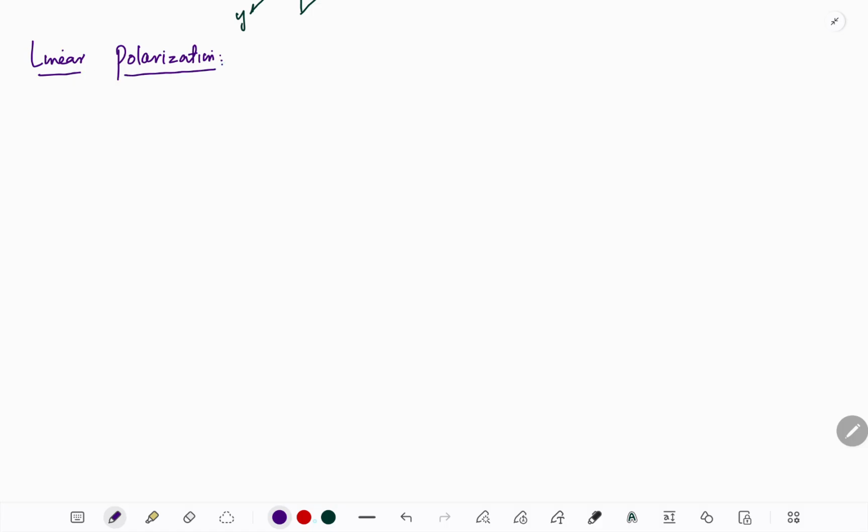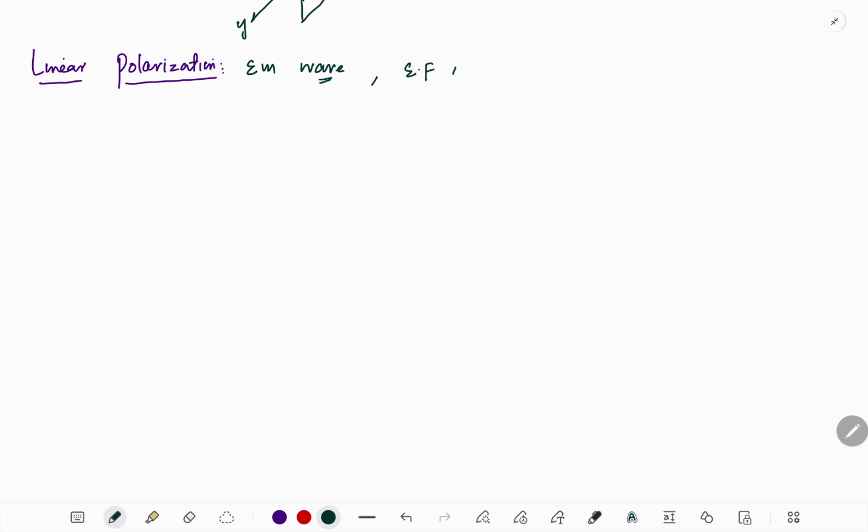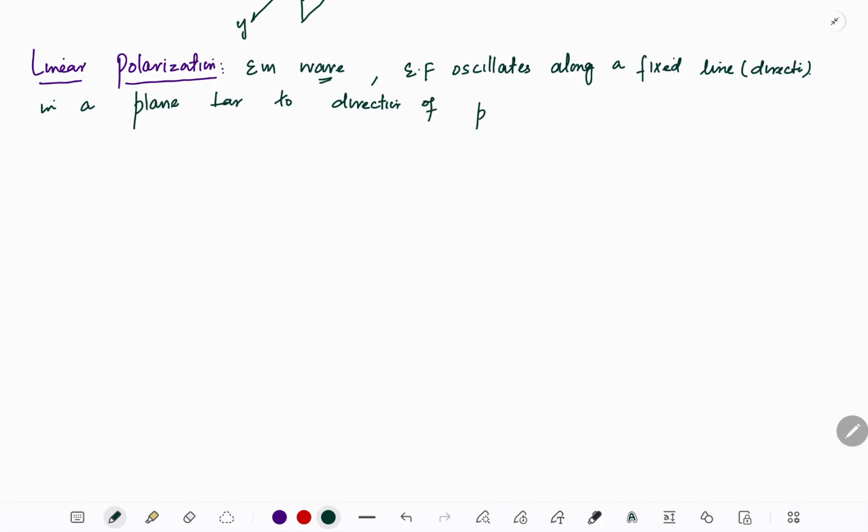If somebody asks you what is linear polarization: in this electromagnetic wave, the electric field oscillates along a fixed line or direction, in a plane perpendicular to the direction of propagation.